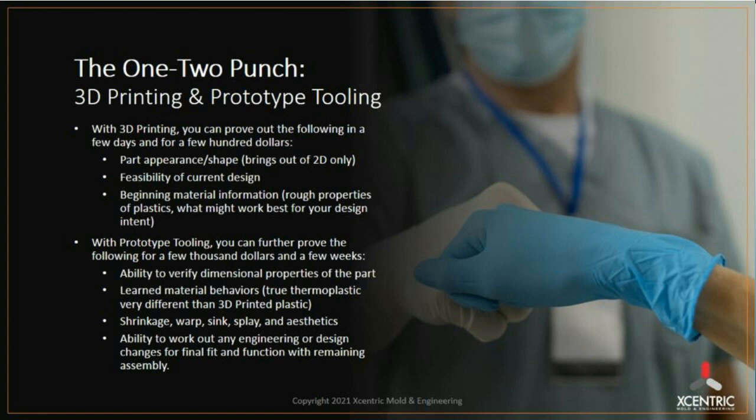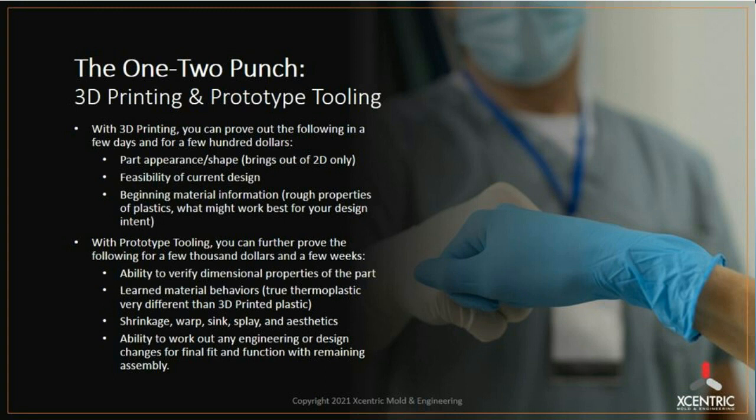Is this even feasible? Does this make sense? Does it function the way that we thought it might? And then last but not least, you're going to get some beginning material information, right? You're going to be able to start gleaning some of those rough behaviors and properties of the plastics that you're zeroing in on for production. And it's going to give you some insights into what might work best for your given design intent.